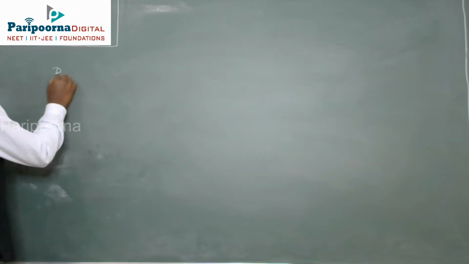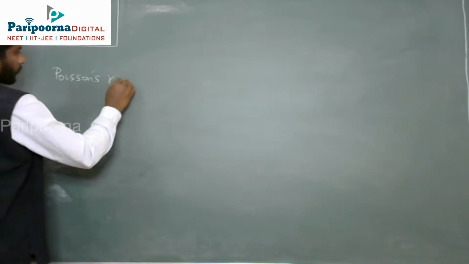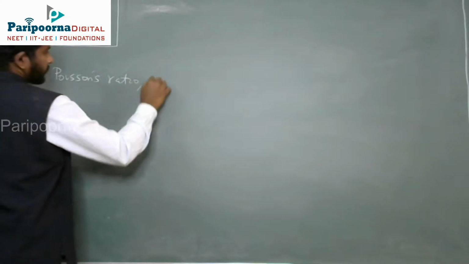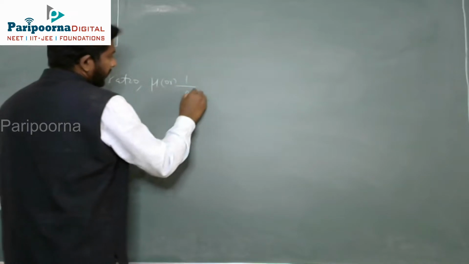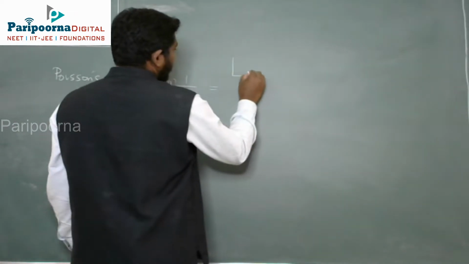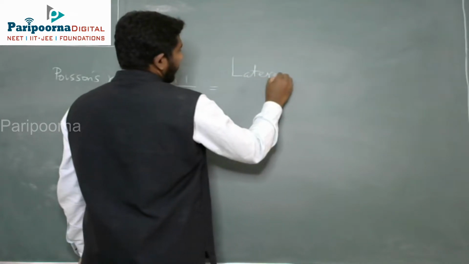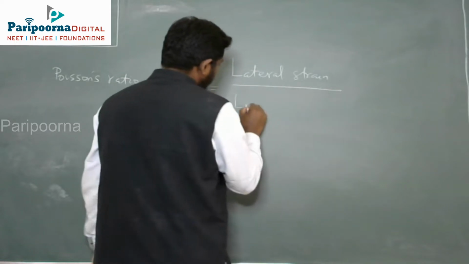Now you can discuss Poisson's ratio. Poisson's ratio can be represented as mu or 1 by m. Just now we have discussed lateral strain and longitudinal strain. It is the ratio between the lateral strain to the longitudinal strain.